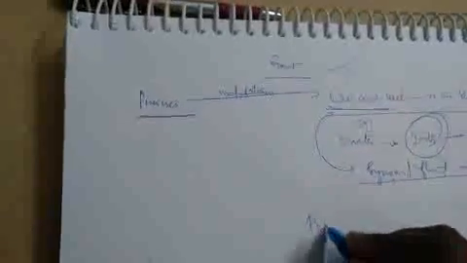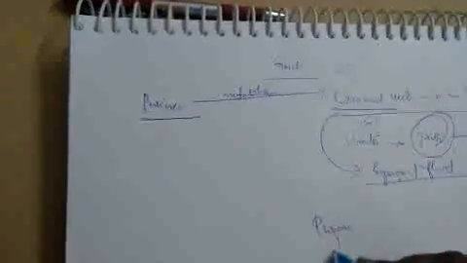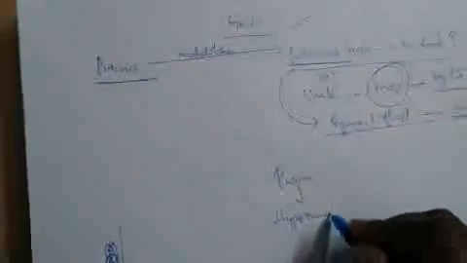Just take a look at purine metabolism. Purine gets converted into hypoxanthine. This hypoxanthine gets converted into xanthine. This xanthine gets converted into uric acid. This is the final product of the metabolism of purines.